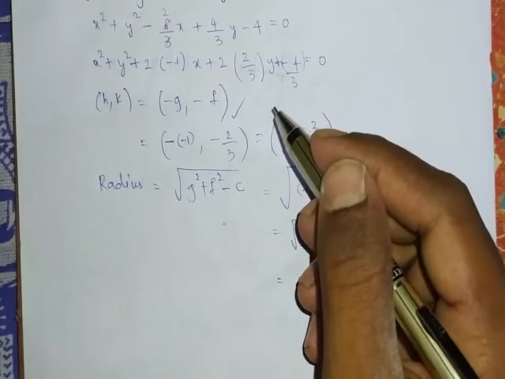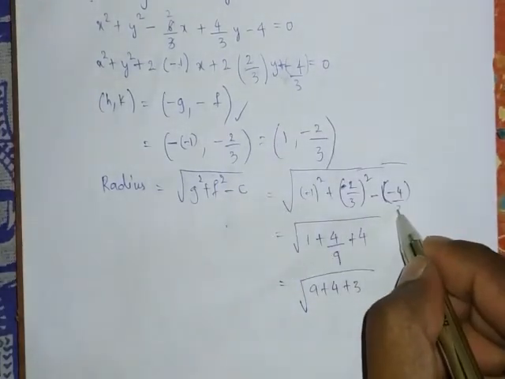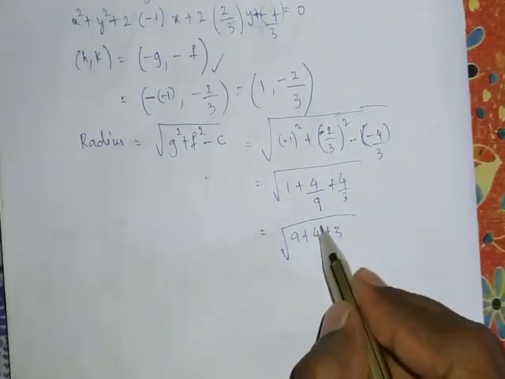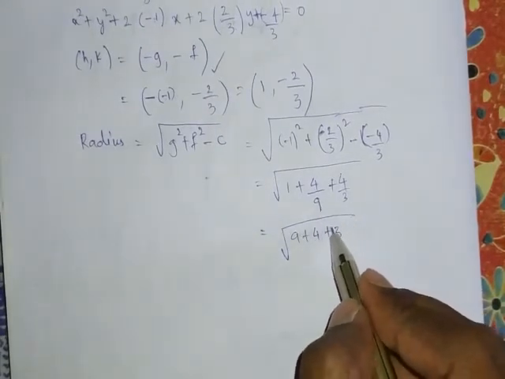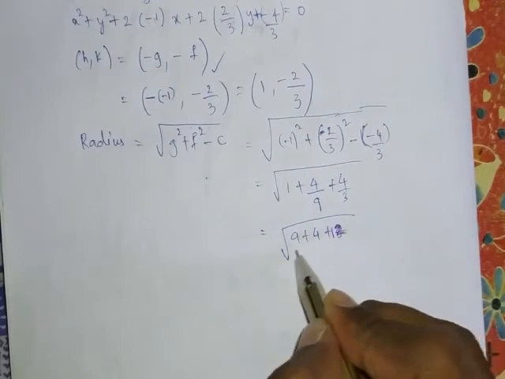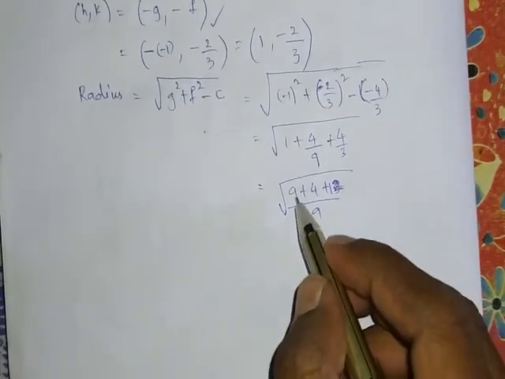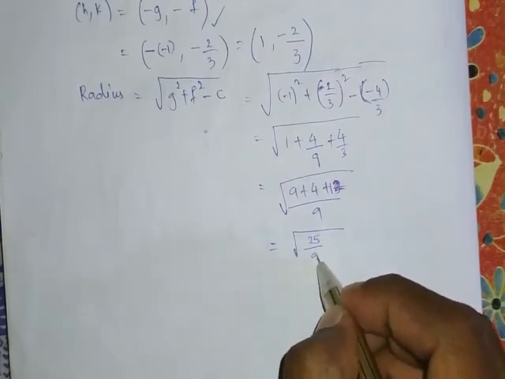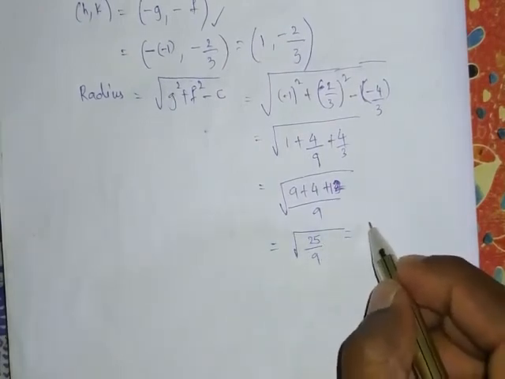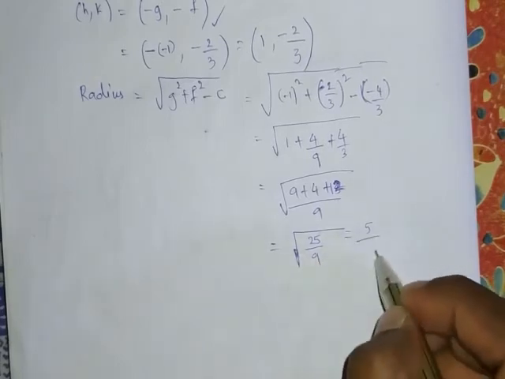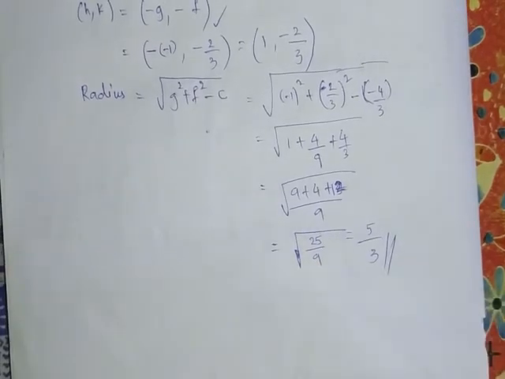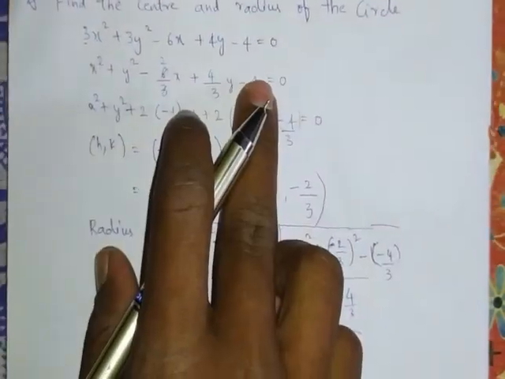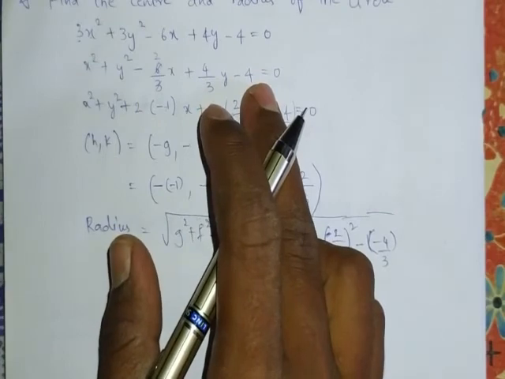This is nothing but minus 4 by 3, and we'll get plus 4 by 3, and taking the LCM we get 9 plus 4 plus 12 by 9, which is under root of 25 by 9, which is nothing but under root 25 is 5, under root 9 is 3. This is the radius of this circle. In this way we can solve any problems.